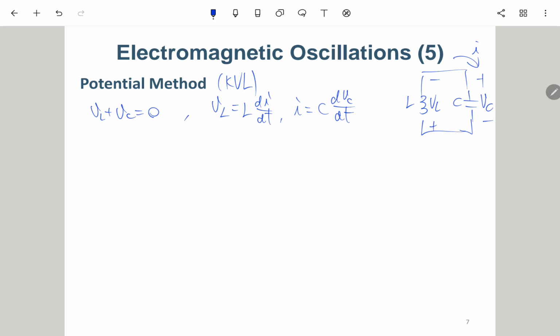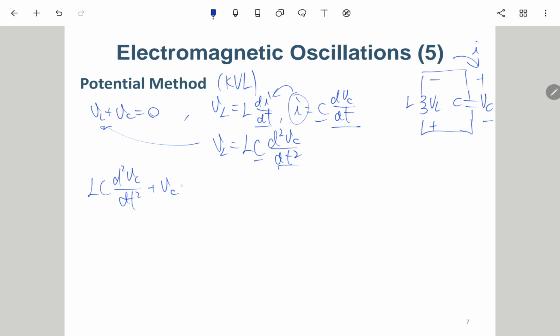Here we can just plug in i to here. So we have LC and then the second derivative of V_C, because C is a constant, we can put it out, and then this is the first derivative and then another derivative. So altogether we have the second derivative, and then we plug in this V_L to there. So we have LC d²V_C/dt² plus V_C equals 0.